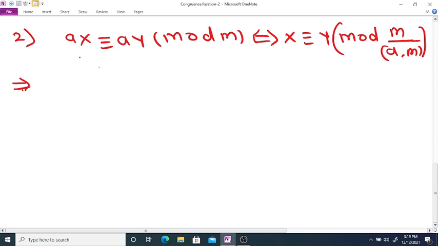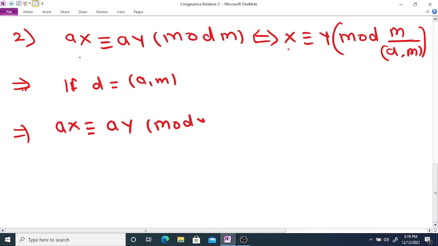The cancellation law holds in congruence relation only if we can say that x is congruent to y modulo m by GCD of a, m. So if D is the GCD of a, m, and if Ax is congruent to Ay modulo m, then we are going to show this if and only if statement: x congruent to y modulo m by D.